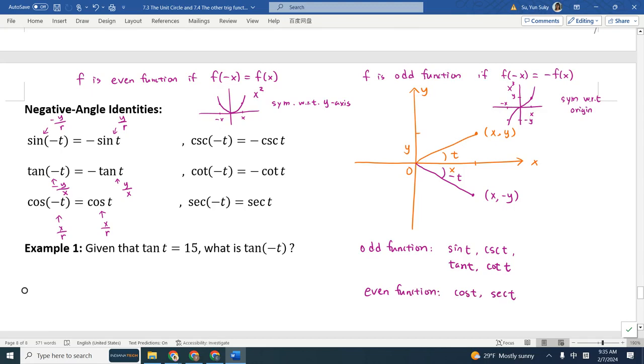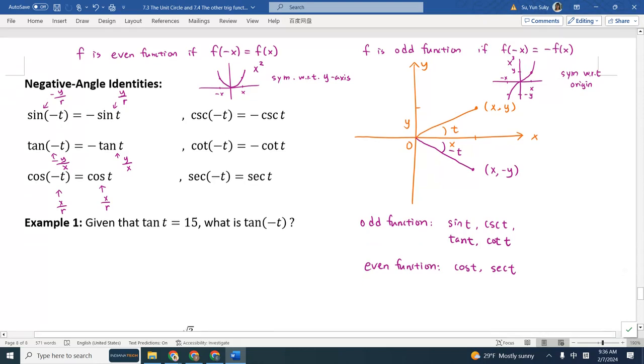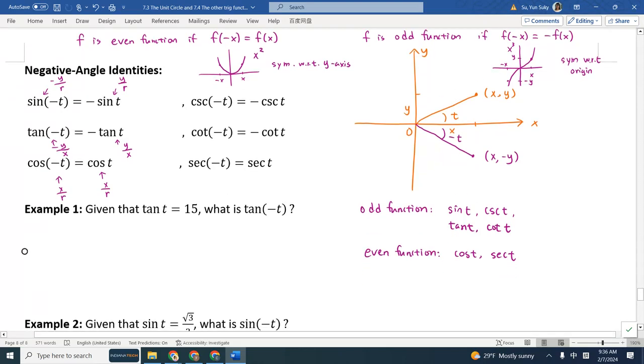Just imagine cosine and secant are so hungry they eat the minus sign, so it disappeared. Sine, cosecant, tangent, cotangent, they don't eat the minus sign. But cosine and secant are so hungry they eat the minus sign. Is that okay, everybody? So these are the negative angle identities.